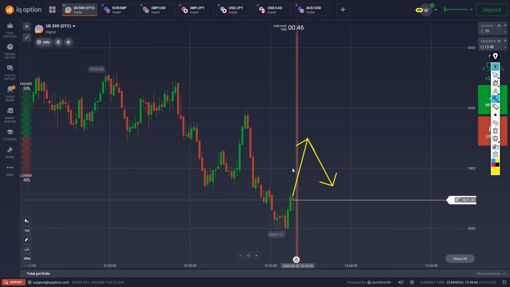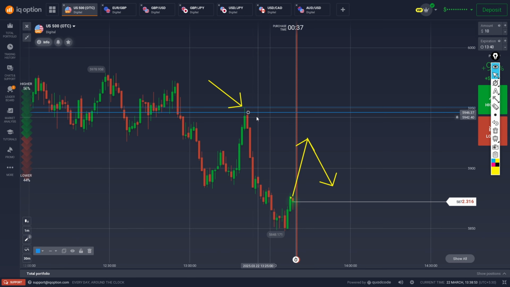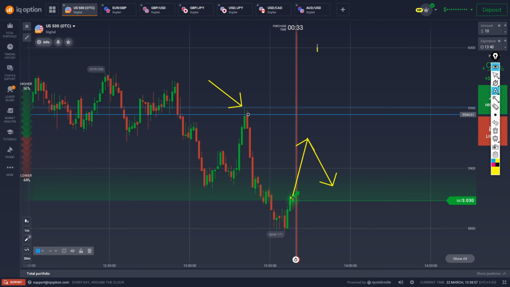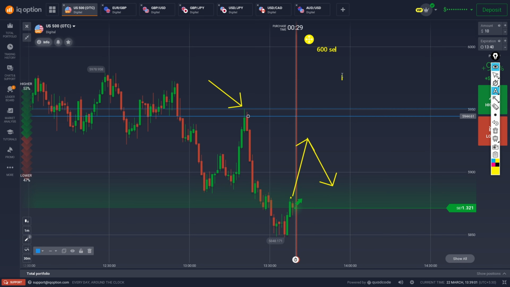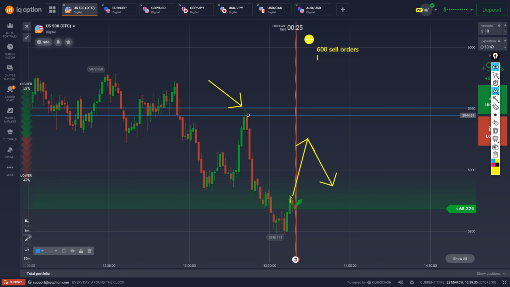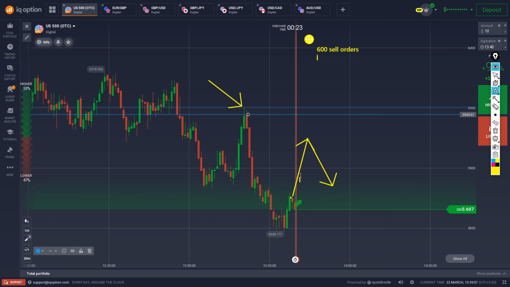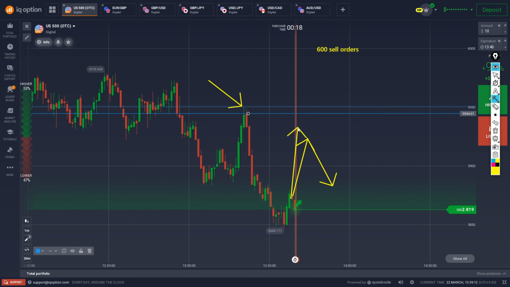Suppose this is a resistance zone and we expect that this zone holds around 600 sell orders, and the price is moving in the upside direction to fill 500 buy orders.